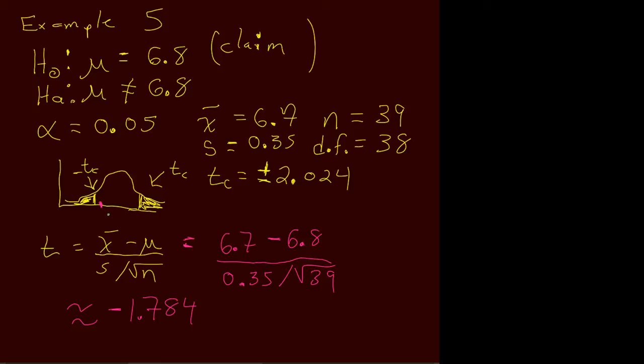We fail to reject the null hypothesis, and so we state this as there is not enough evidence to reject the claim. Or we could say there's enough evidence to support the claim, right? They made a claim, it's within the supporting of the evidence. Either of those would work well.